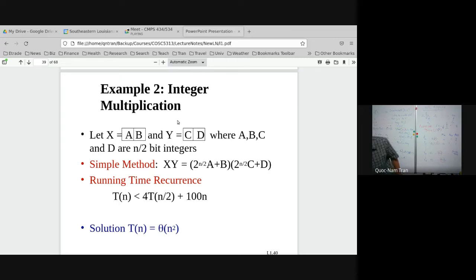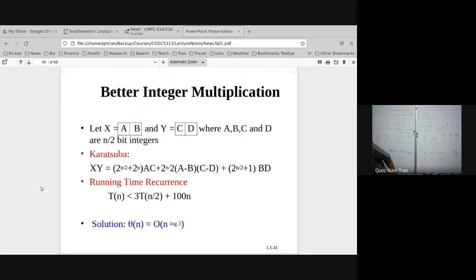So here is one thing we have, and then the other thing we have is what we call the Karatsuba multiplication. It's much more efficient. That takes only 3 multiplications of the small values. Okay, so that's why we have the formula here: T(n) is 3 times T(n/2) plus 100n.